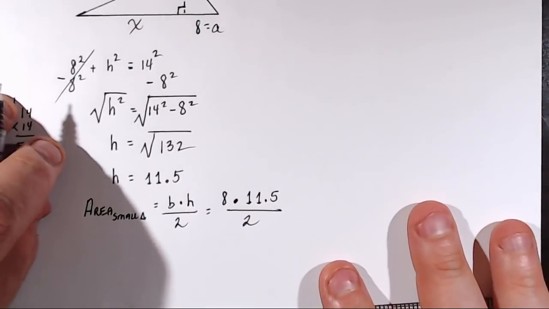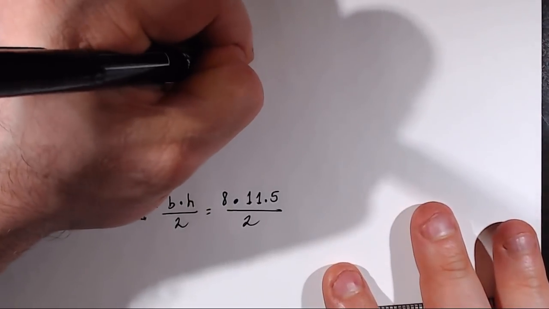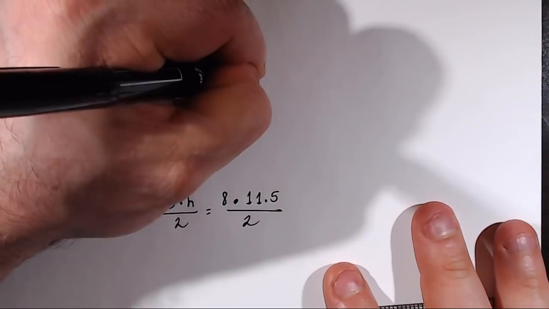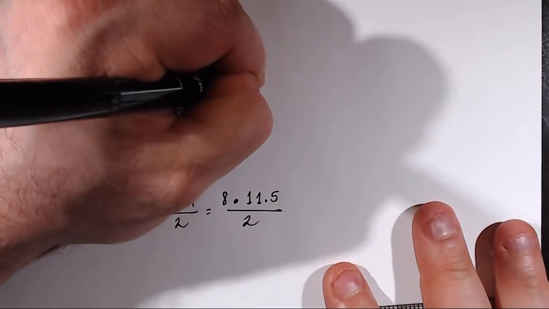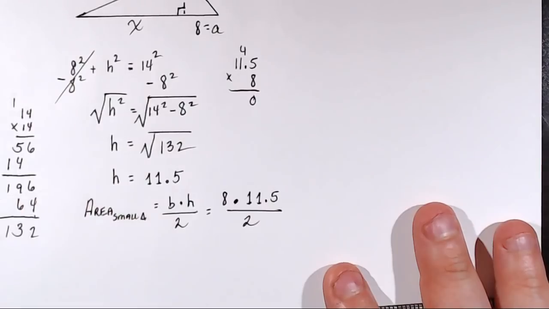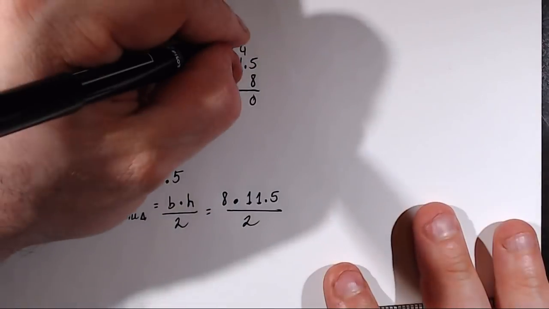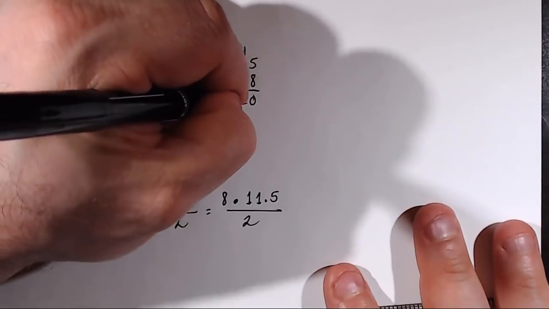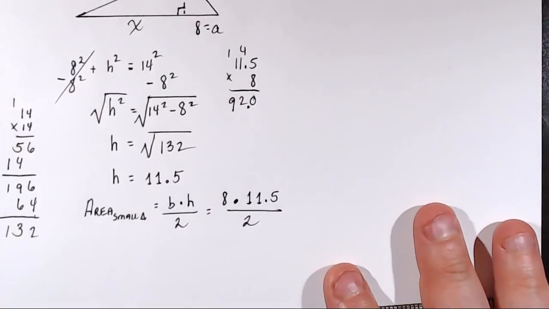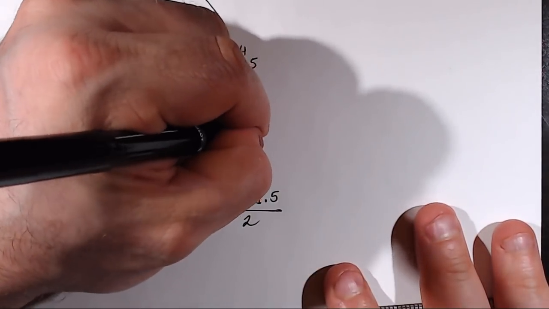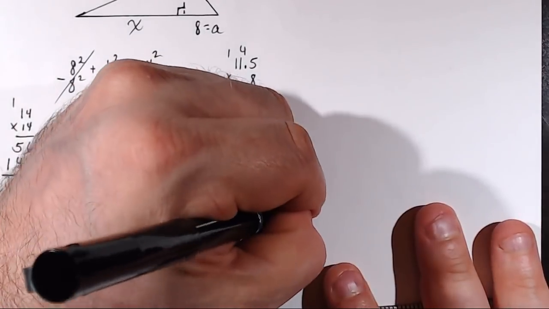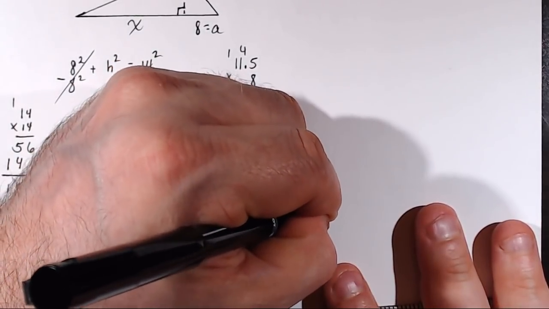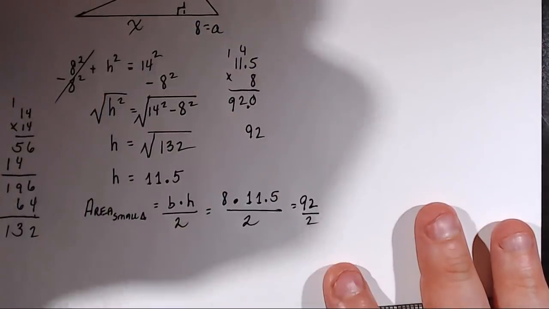So now what? I need to multiply 11.5 times 8. 5 times 8 is 40. 8 times 1 is 8, plus 4 is 12. 8 times 1 is 8, plus 1 is 9. 92. So 92 divided by 2.